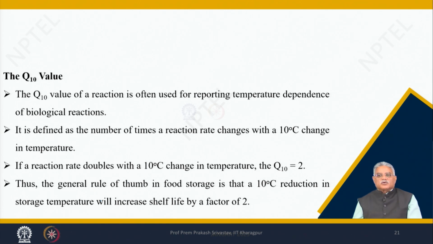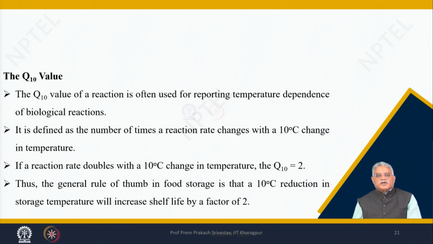Now, Q10 value. The Q10 value of a reaction is often used for reporting temperature dependence of biological reactions. It is defined as the number of times a reaction rate changes with a 10 degrees Celsius change in temperature.